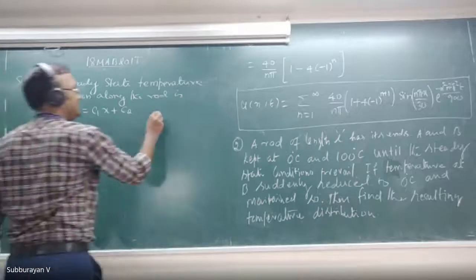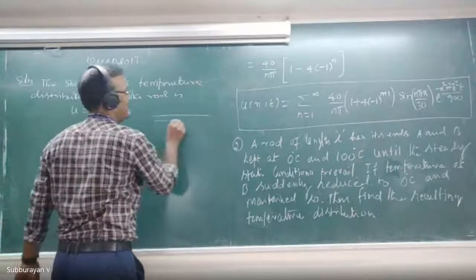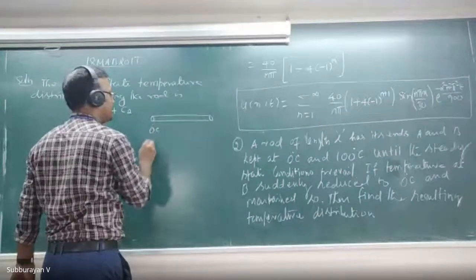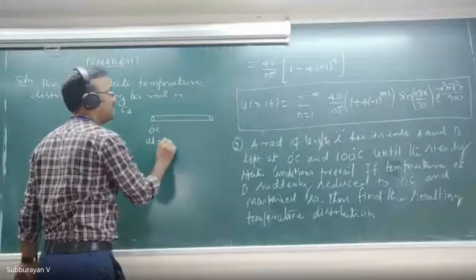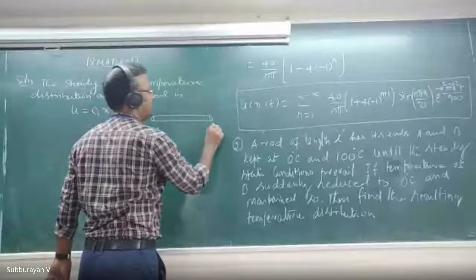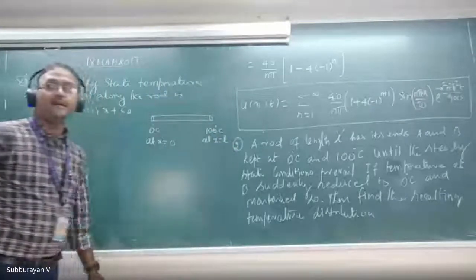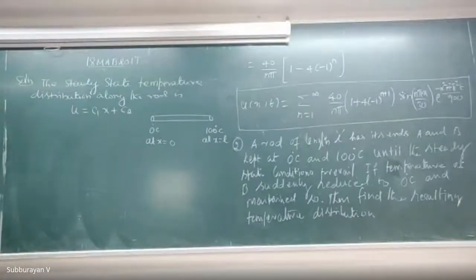See, what is the length of the rod? Length of the rod is L, and we are maintaining 0 degrees Celsius at x equal to 0 and 100 degrees Celsius at x equal to L.